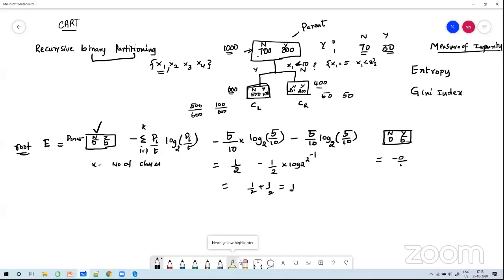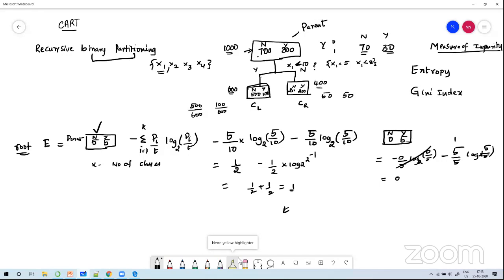Minus 0 by 5 log of 0 by 5 to the base 2. Though it is undefined, this becomes 0. So I'm going to remove this. Minus 5 by 5 log of 5 by 5 to the base 2. So this is 1. Log 1 will be 0. So the overall value is 0.